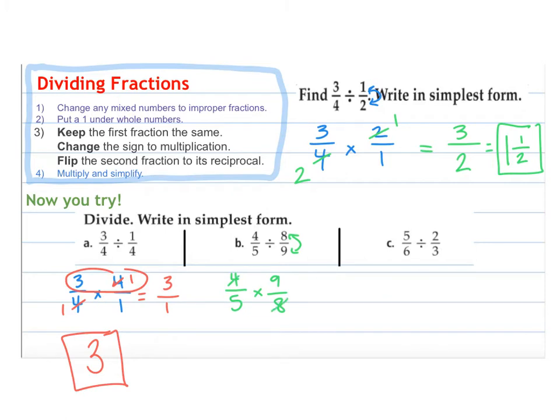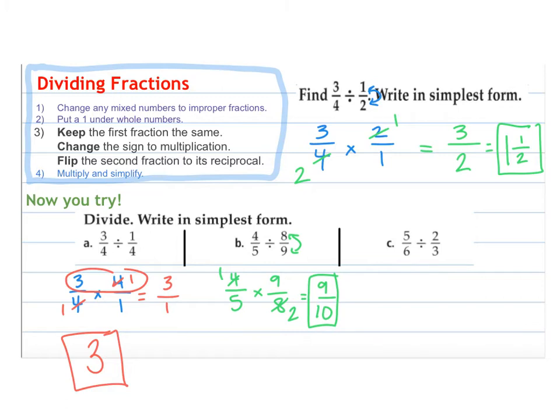These can both be divided by 4. 4 divided by 4 is 1. 8 divided by 4 is 2. 5 and 9 don't share anything, so now multiply numerators. 1 times 9 is 9, and 5 times 2 is 10. 9 and 10 do not share any common factors other than 1, so this is in simplest form, so our answer is 9/10. Again, if you hadn't done the shortcuts to begin with, you would just have an extra step of simplifying at the end.